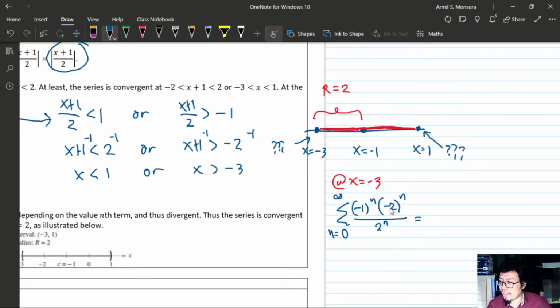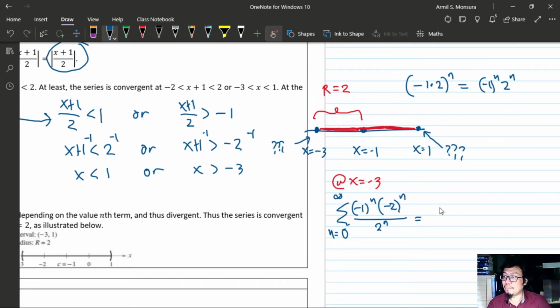Let's separate negative 1 here, and see that it can be written as negative 1 times 2 raised to n, which can be written as negative 1 raised to n times 2 raised to n.